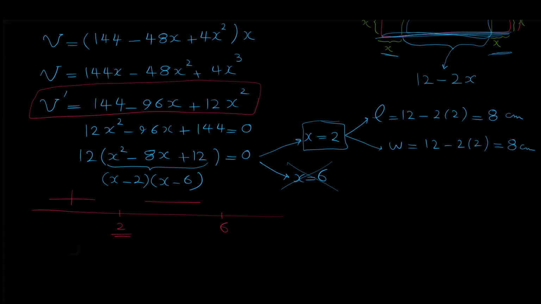And finally, if we use a test point after 6, like 7, 8, any number greater than 6, you will see that V prime would be positive. So this shows the sign of V prime. Because V prime changes from positive to negative around 2, this shows that point 2 is the maximum point of the function. Another way that we can prove that 2 is the maximum point is to use the second derivative test.